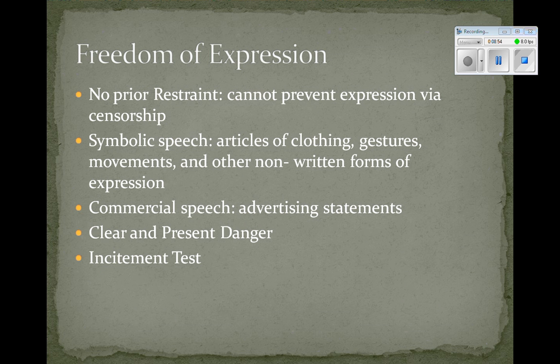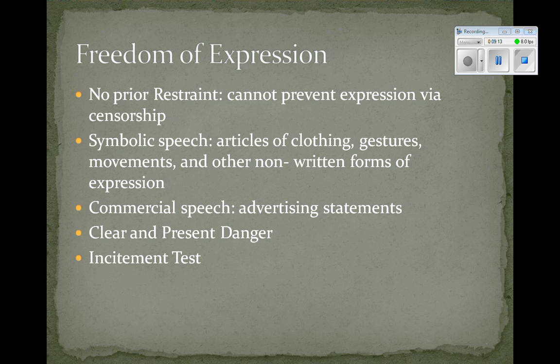Now, these last two ideas on the freedom of expression that I want to cover are the clear and present danger and the incitement test. So both of these are in reference to how the Supreme Court and laws will be viewed when an issue of danger comes up.